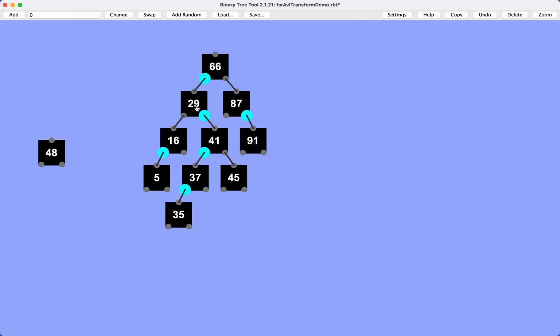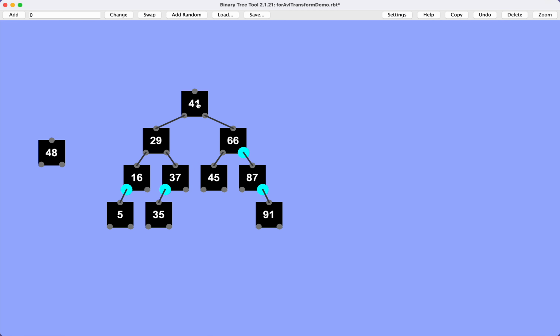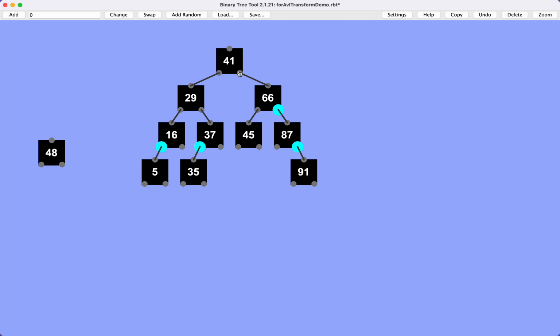Now I happen to know the transformation that we need to do in this case involves making this guy lean to the right, this guy become balanced, this guy become balanced, and then doing what's known as a double rotation. The 41 rotates over its parent and over what was its grandparent. And now we again have a legal AVL tree. We'll talk about the details of how you know what to do when you get something that's too unbalanced a little bit later.